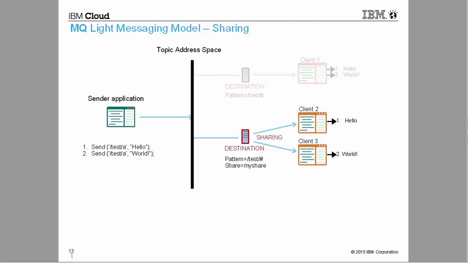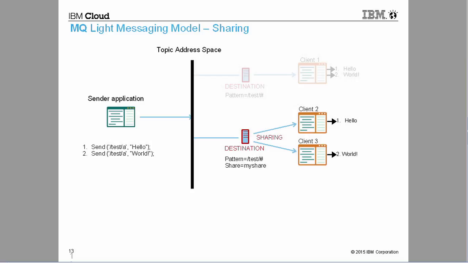There's a different type of model called sharing, which is supported by MQLite, where there'll be a sharing ID as well as a pattern that an application can use. In this case, a sender application sends hello world, and a sharing ID can be used by two clients or two consumer applications.